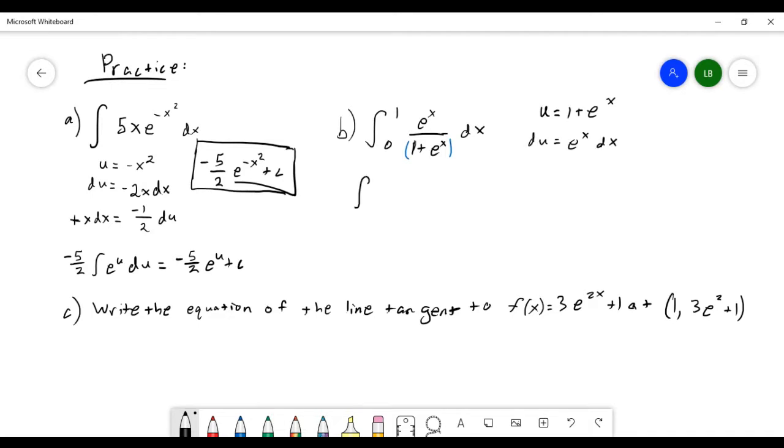So our integral simplifies down to du divided by u. Let's go ahead and change our limits actually. If we plug 0 into u, we would get 1 plus e to the 0th, which is 1 plus 1, which is 2. So we would be going from 2, and our top limit would be 1 plus e to the first, which is just 1 plus e.